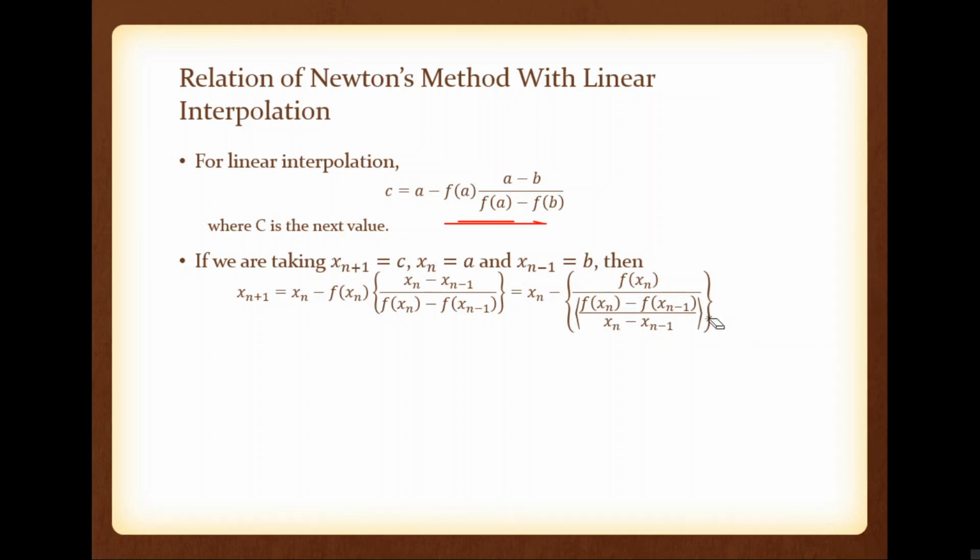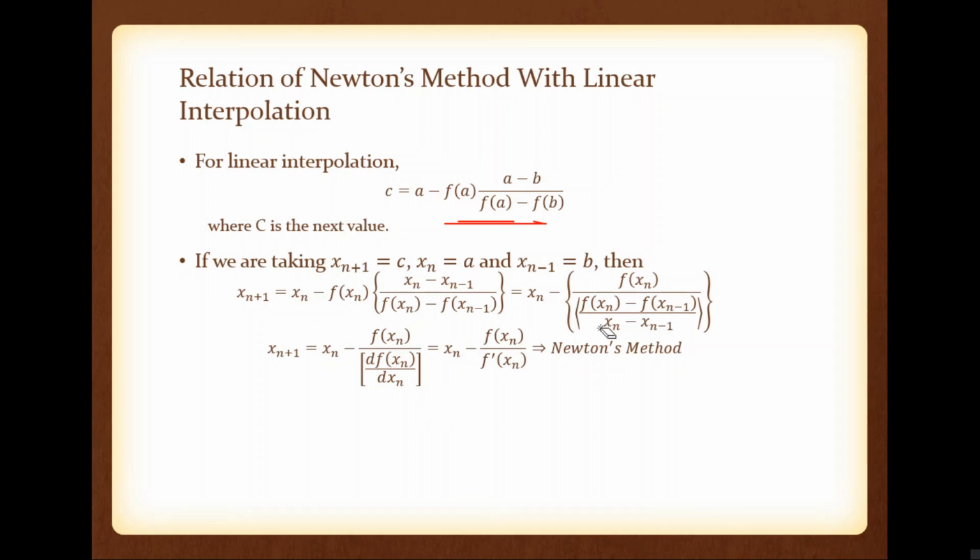That is the definition of differentiation. If the limit of delta x tends to 0, then delta f divided by delta x will become df by dx. You studied this in mathematics. So if this denominator tends to 0, then this bracket will become df by dx.